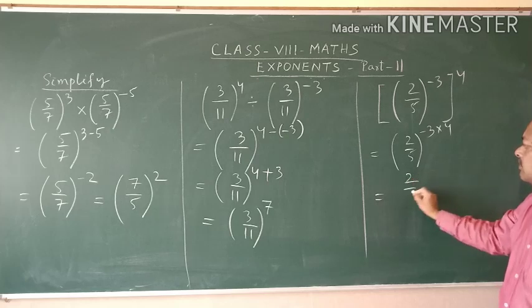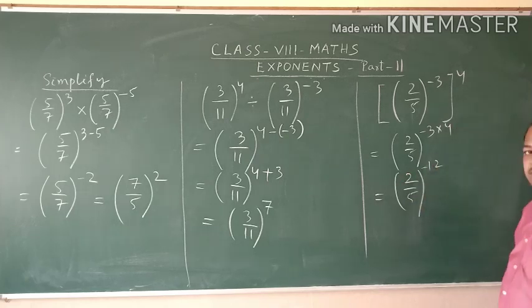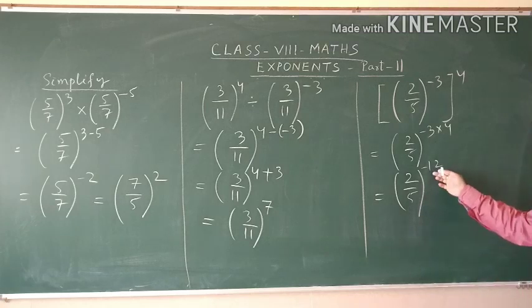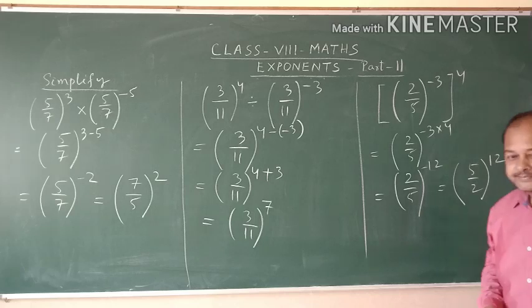So 2 upon 5 to the power minus 3 into 4 will be minus 12. Because the power is a negative integer, make it positive. How to make it positive? Make it reciprocal. So (5/2)^12 is the answer. Okay.